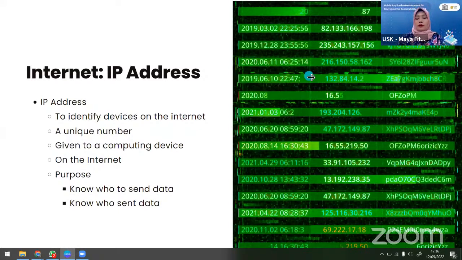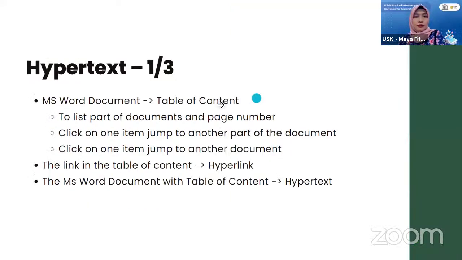Okay. All right, let's move into hypertext. We all know about the internet, so we move on to the World Wide Web. But before that, we need to know the concept of hypertext. If you open a Microsoft Word document, you can create a table of contents.